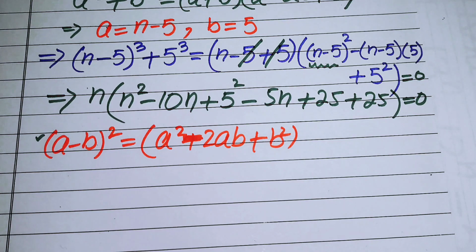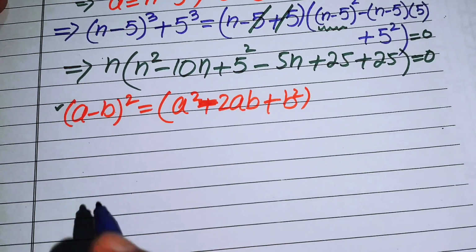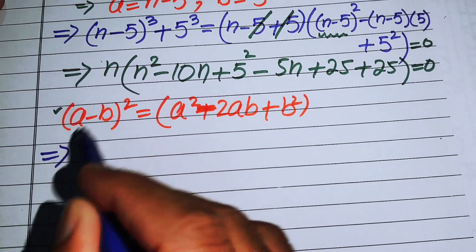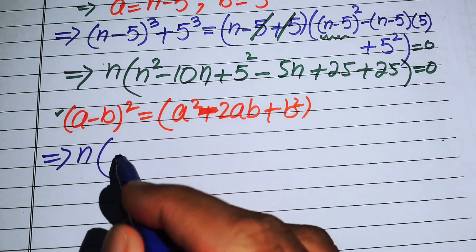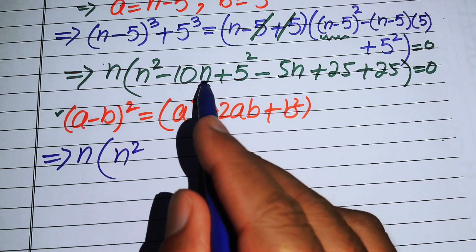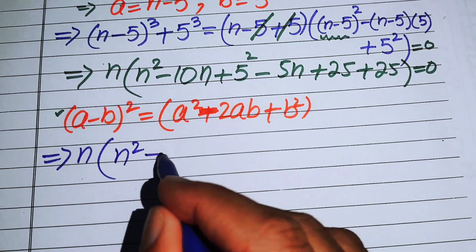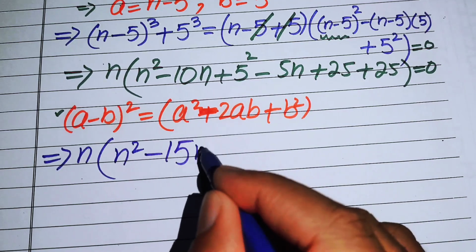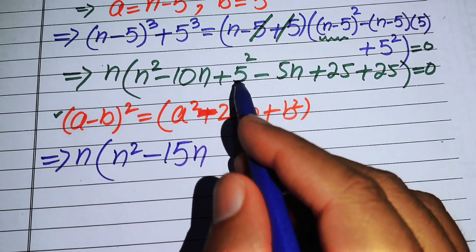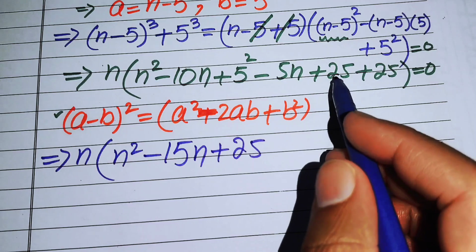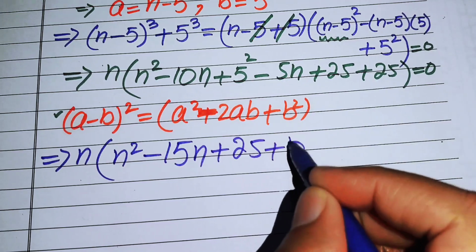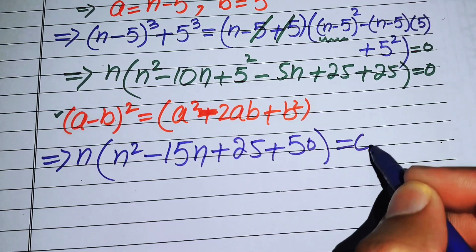So now here we need to make some little bit of simplifications here, and you will see that we have the terms like n times of, here we will make simplifications and you get n squared, and we have minus 10n minus 5n equals to minus 15n, and we have 5 squared, so 5 squared equals to 25, and you have 25 plus 25 equals to 50, and this whole equals to 0.